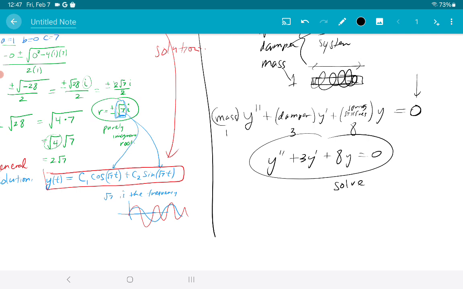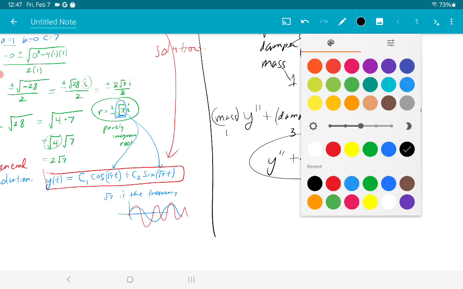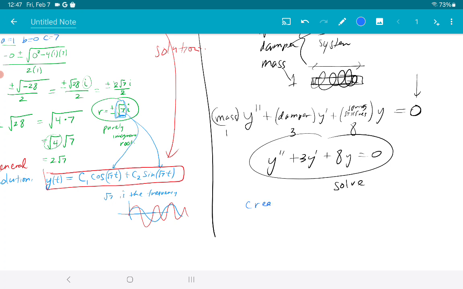All right, so the technique is the same as always. We create the polynomial. In this case, it'll be r squared plus 3r plus 8 equals 0. You could try to factor this. That's how we typically start out. If it does factor, this will be r and this will be r. And then remember, these two numbers, whatever they are, have to multiply to equal 8.